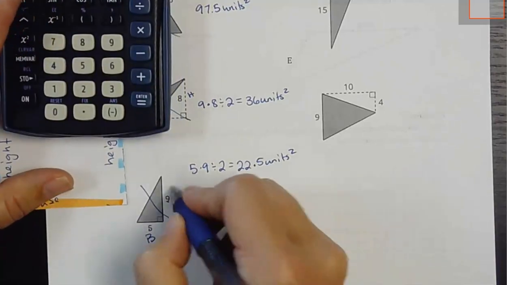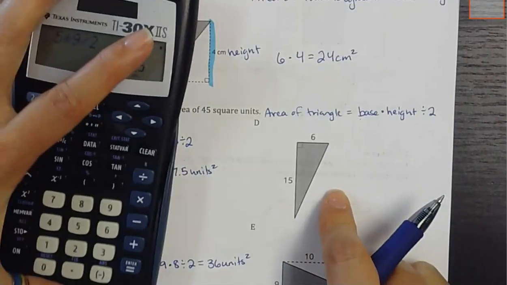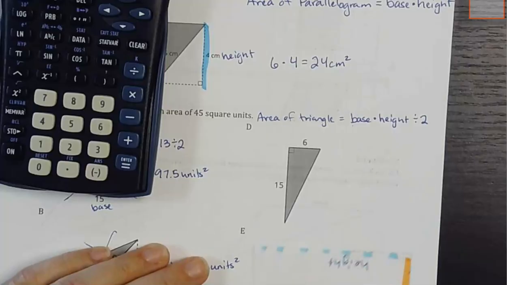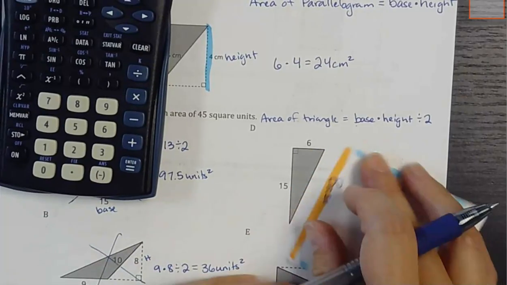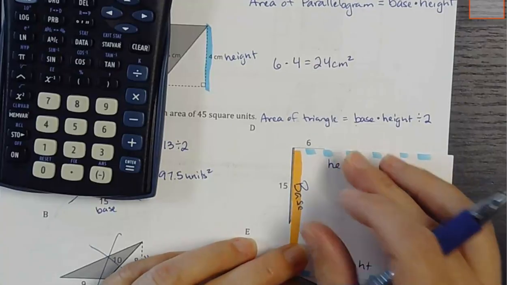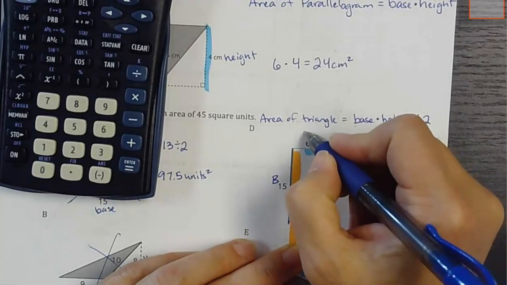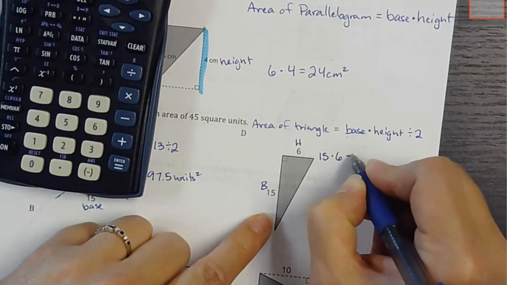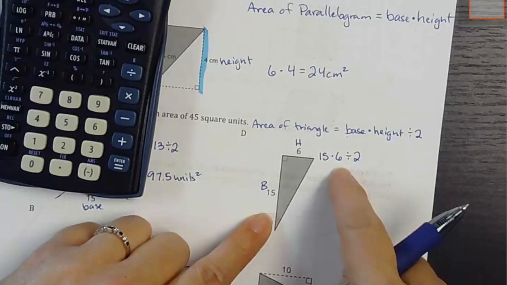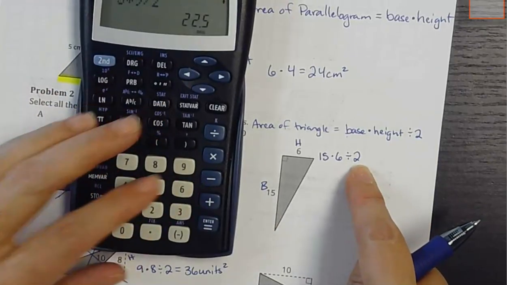So still not the area I'm looking for. Okay, let's see. Let's do our base over here. Does it work? Yep. This is going to be my base, this is going to be my height. So 15 times 6 divided by 2. Base times height divided by 2.